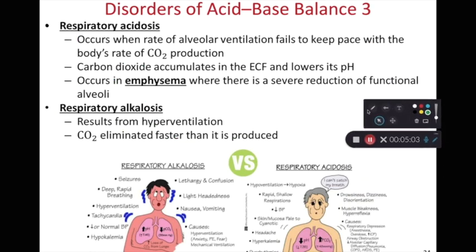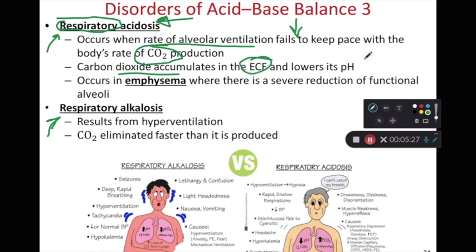So if somebody has respiratory acidosis versus respiratory alkalosis, respiratory means it's associated with the respiratory system. Acidosis means we have too much acid in the blood. If the rate of alveolar ventilation lowers and fails to keep pace with the amount of carbon dioxide being produced, carbon dioxide will build up in the extracellular fluid, causing the body's overall pH to go down.